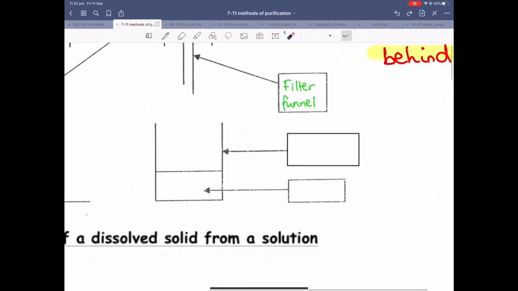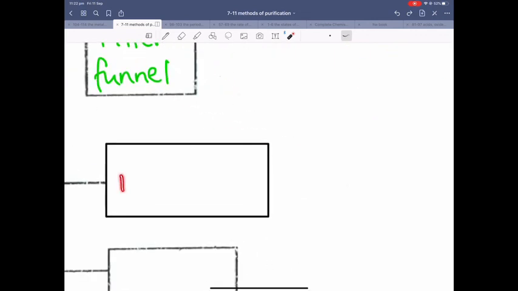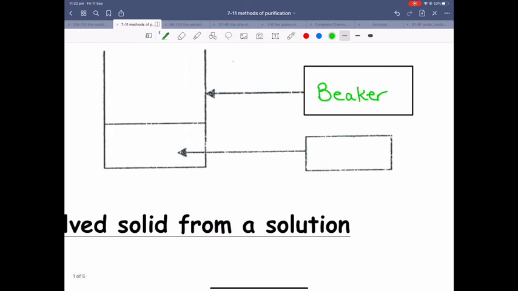So that's the filter funnel, and then you've got obviously a beaker here. That's a beaker, and this is called the filtrate. That's its general name. Filtrate, not filterate, filtrate.